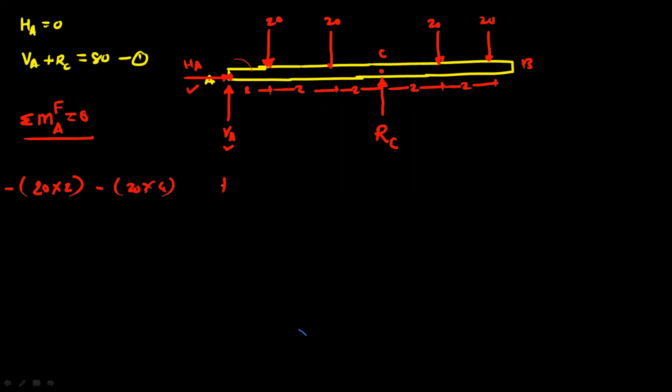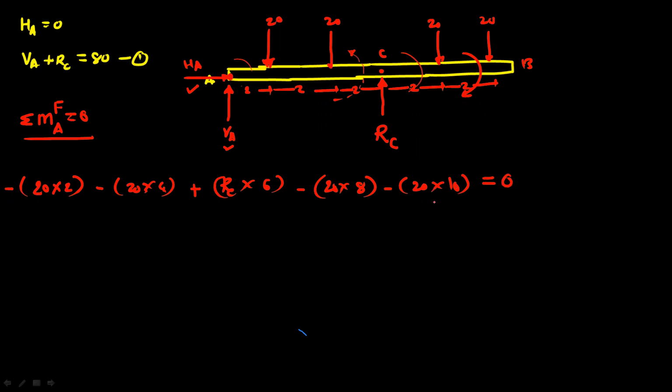Next we have Rc and distance is 6 meters, and this moment is anti-clockwise, so this is positive. Next is 20 and the total distance is 8 meters, clockwise, so negative. And then we have 20 and total distance 10 meters, again clockwise, so negative. So this is equal to 0.